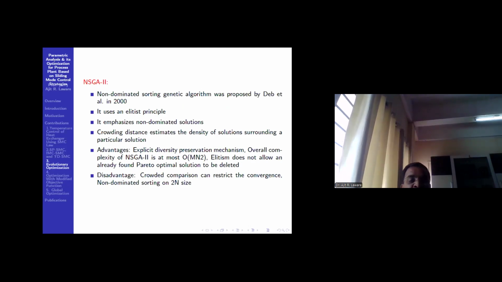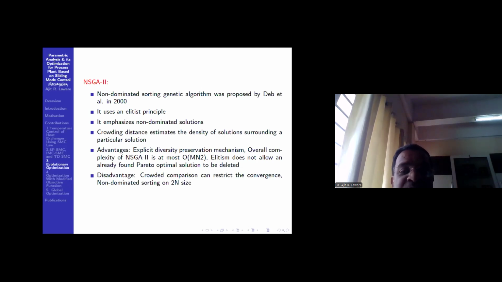NSGA2 algorithm. So very first, this is the non-dominated sorting genetic algorithm 2. It was invented by Kalyanmoy Deb, professor of the mechanical department, in the year 2000, and now he is at Michigan State University, and he invented the first NSGA in 1994 with a complexity of O(MN cube).